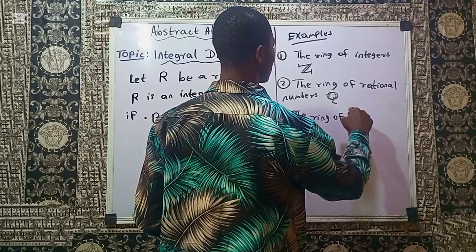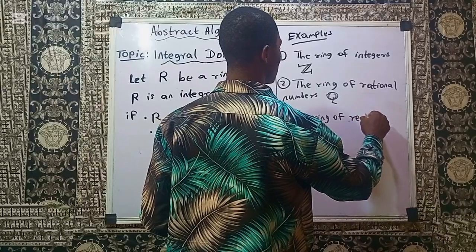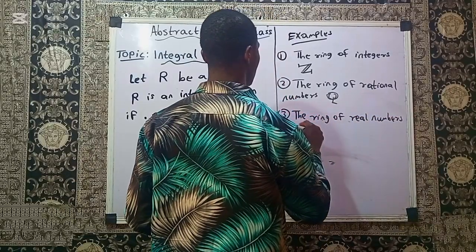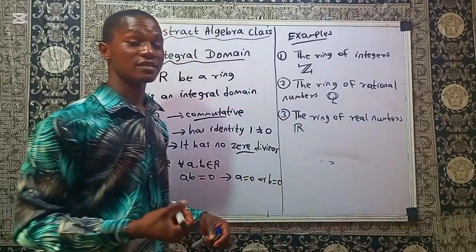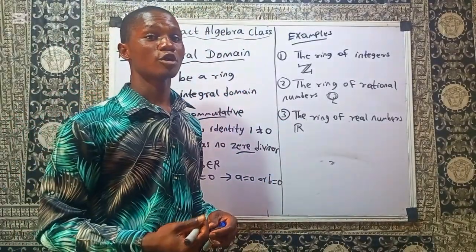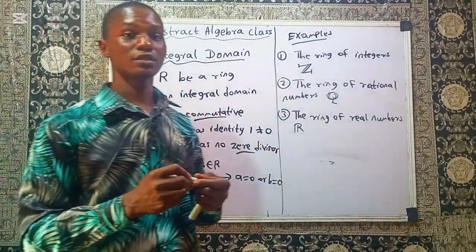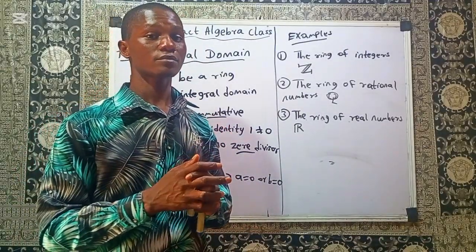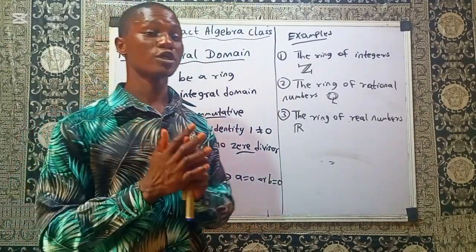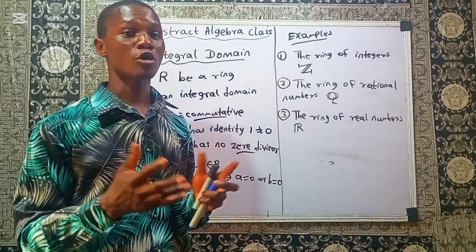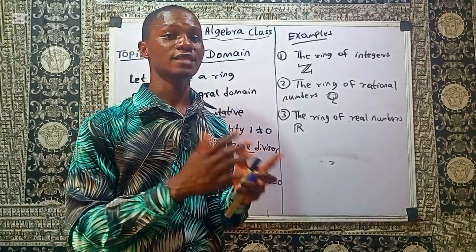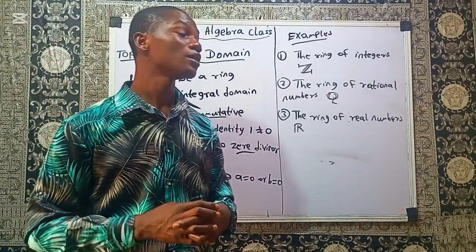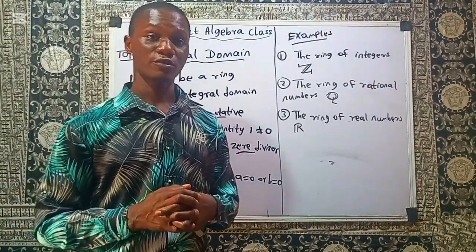of real numbers. The ring of real numbers is an integral domain, because the product of any two numbers is commutative. So if you pick any two real numbers, A and B, or let me say X and Y, X times Y is equal to Y times X for all X and Y in the real numbers.